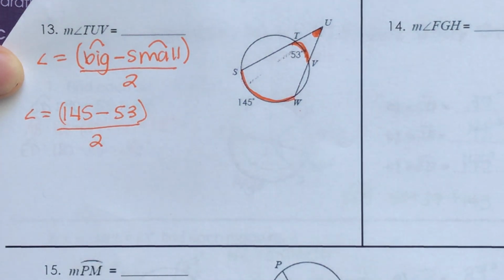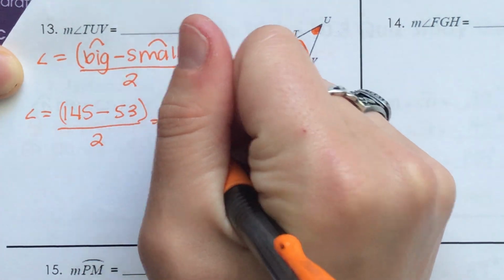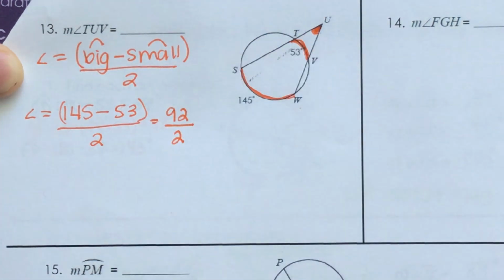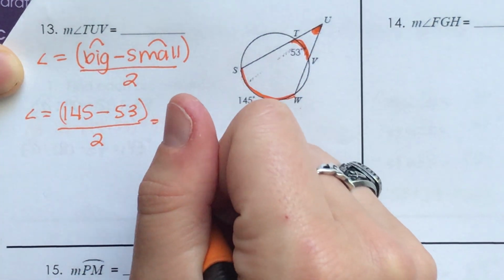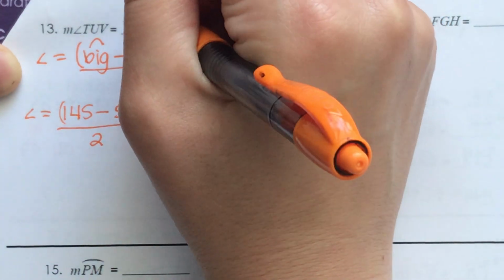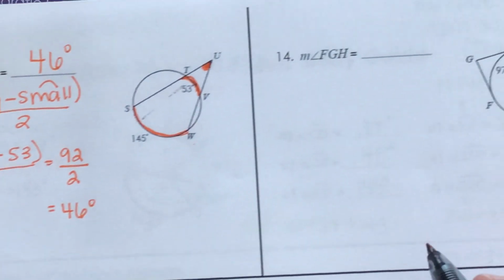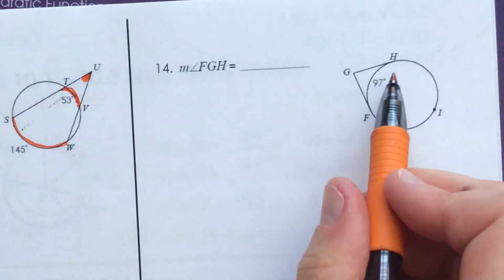And then I divide that by 2. So if I subtract these two, I get 92. And if I divide 92 by 2, I get 46 degrees. So this angle over here is 46 degrees.